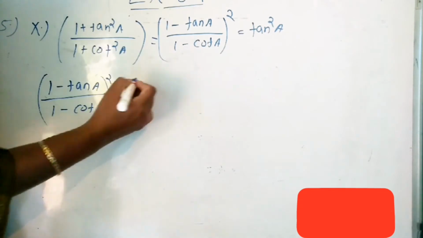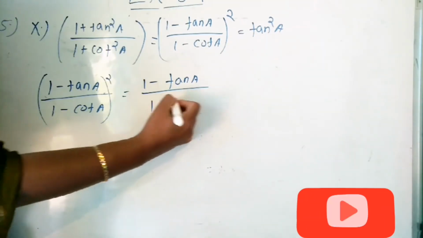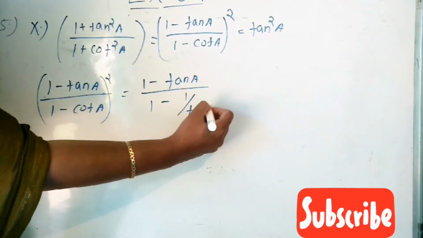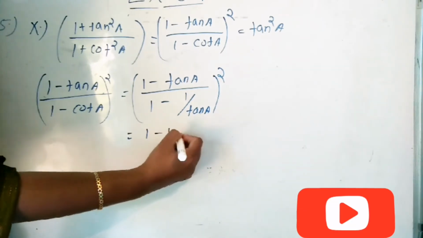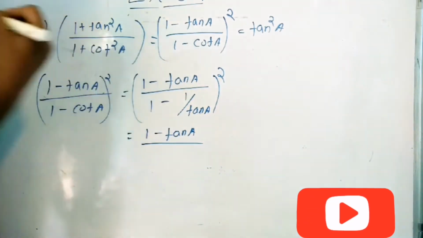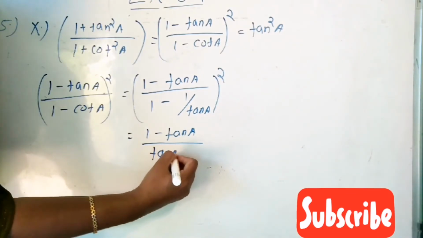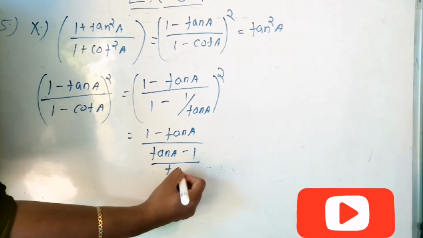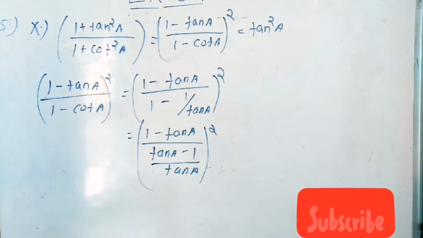We can write cot A as 1 by tan A. This is equal to (1 minus tan A) divided by, take LCM in denominator, (tan A minus 1) divided by tan A, all square.